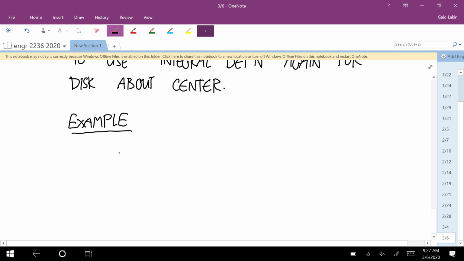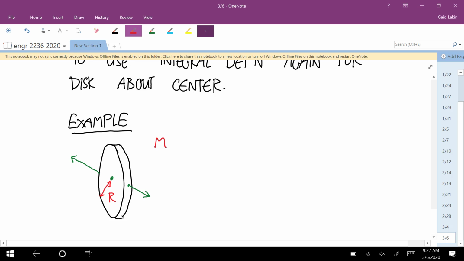So this time, we're talking about a rotation about an axis like this. And again, we'll say that this has a radius of big R and a mass of big M.